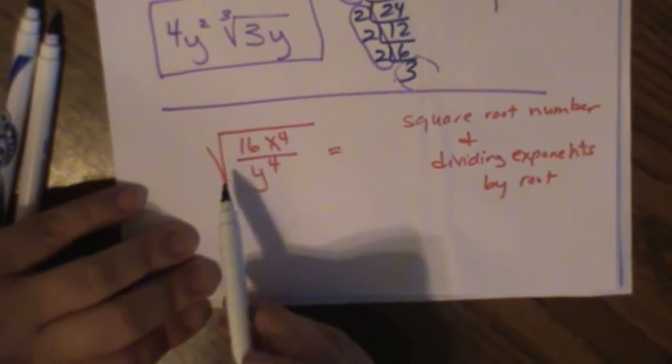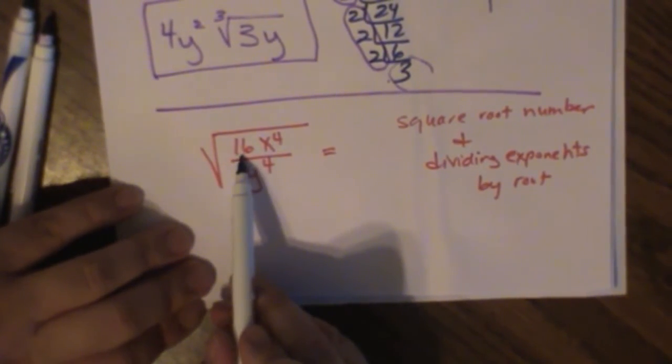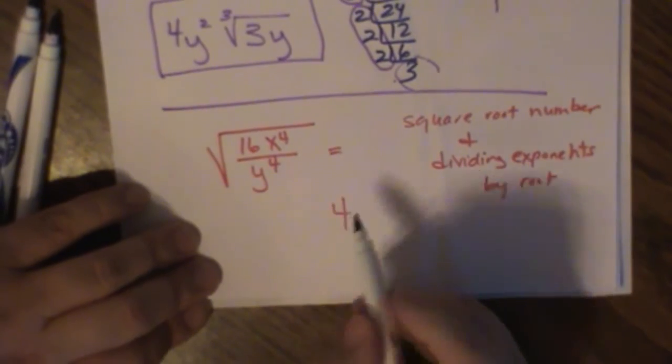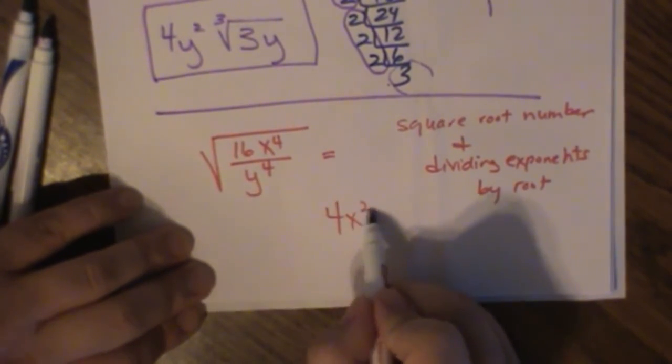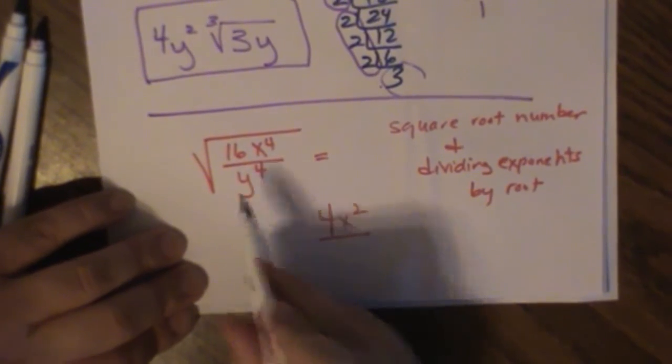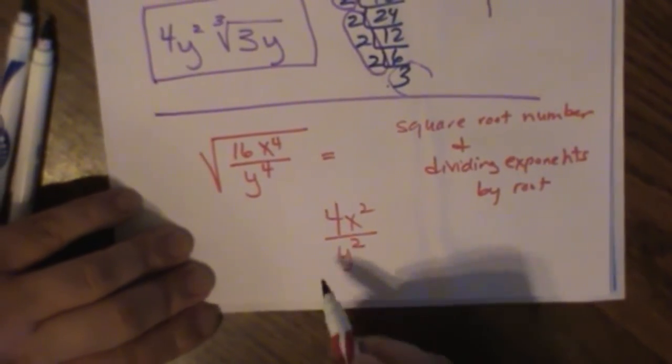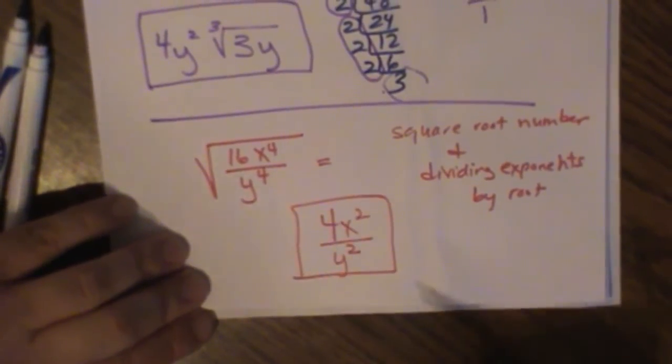So this particular one, if you take the square root of 16, you get 4. Divide 4 by 2, you get x squared. And then divide 4 by 2, you get y squared. And that is your answer.